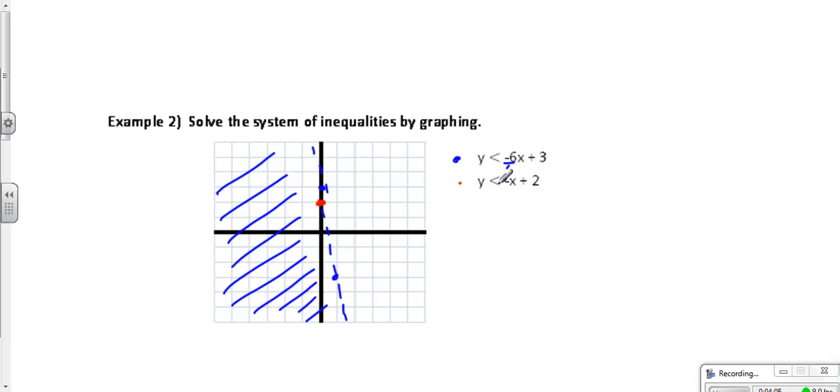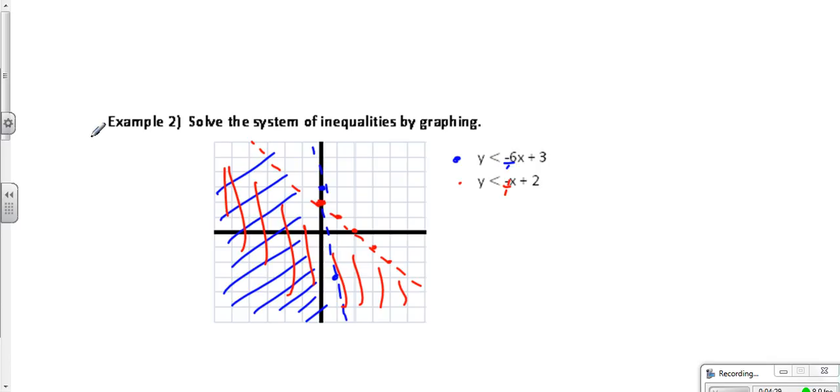The next one has a y-intercept of +2 and has a -1 over 1 slope. So down one to the right one, down one to the right one, etc. And that does not have a line under it either, so that is dotted. And it's less than also, so we would shade below that one.